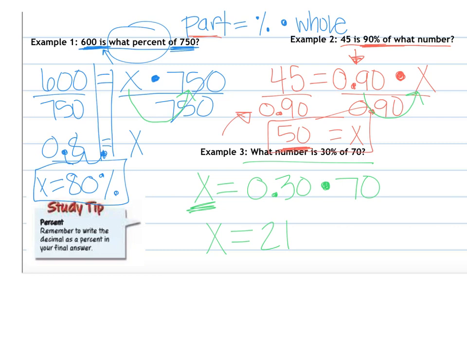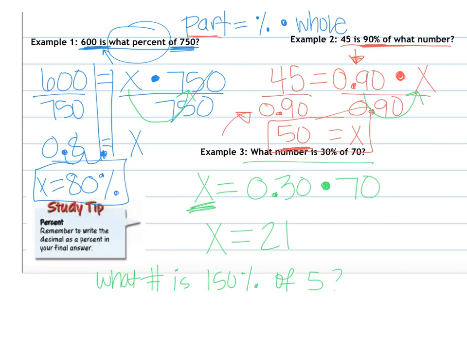One thing I want to add is that the whole is not always going to be greater than the part. If I was going to do, like, what number is 150% of 5?